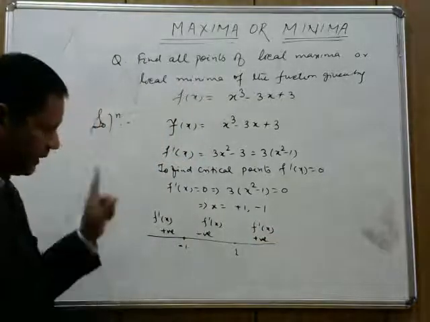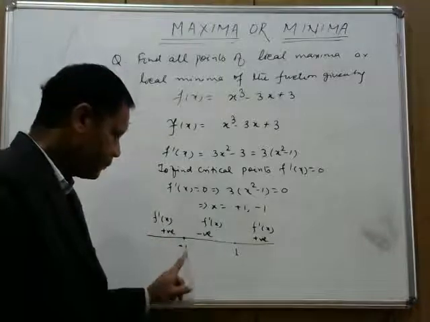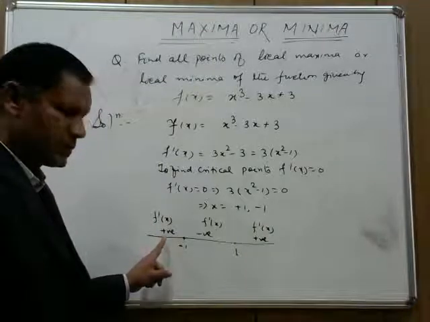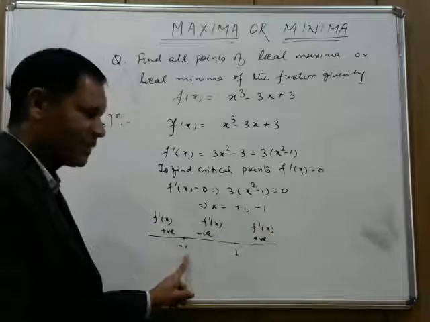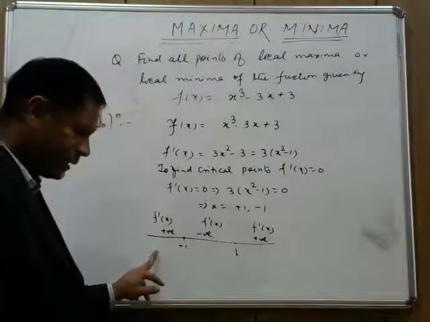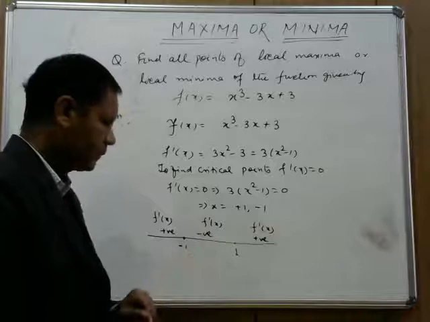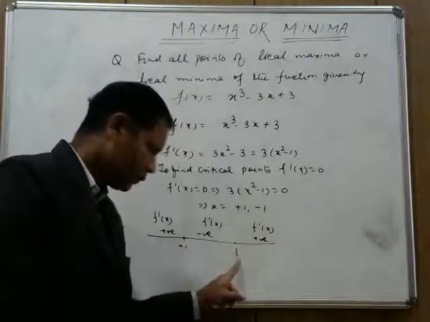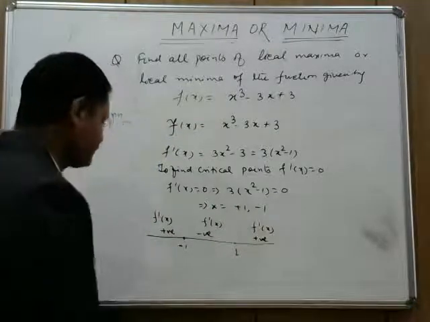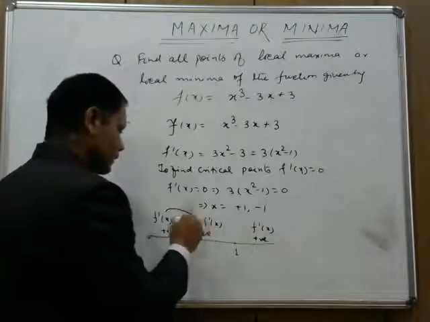That means here we observe that when I am standing at the point -1, before -1 the value of f dash of x is positive, and just after -1, that is -1 plus h, which I have discussed, its value becomes negative. And just before 1 it is negative, and from 1 afterwards it becomes positive. That means here at -1 its value changes from positive to negative.